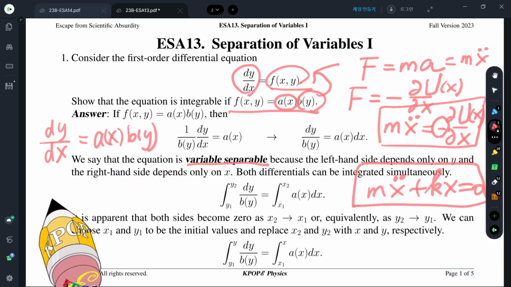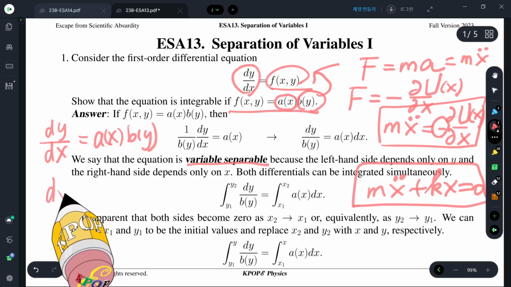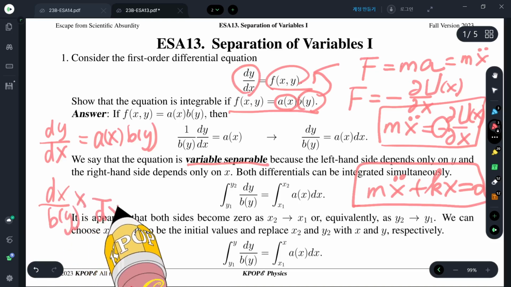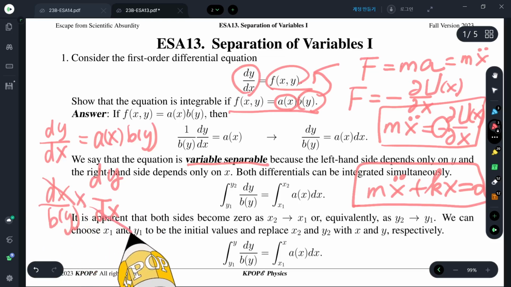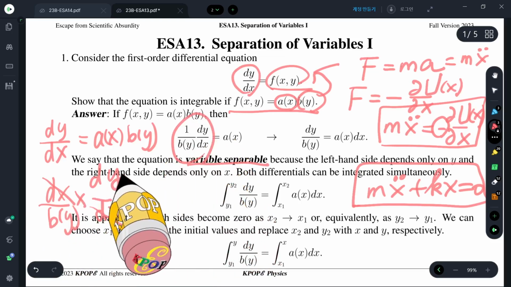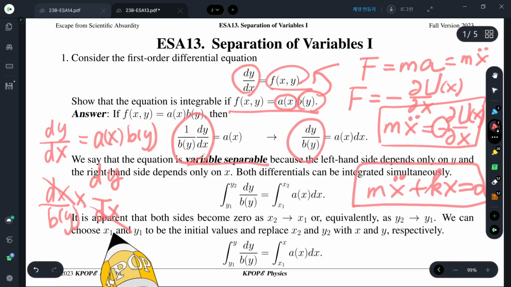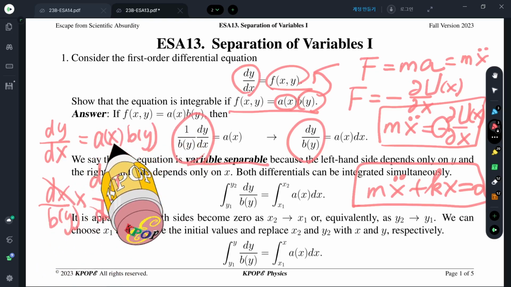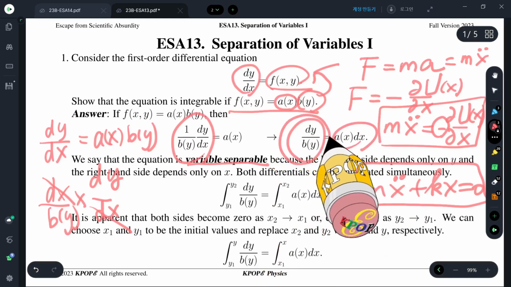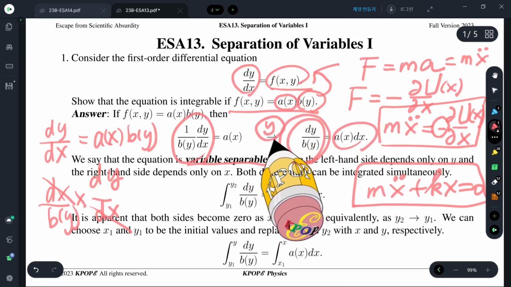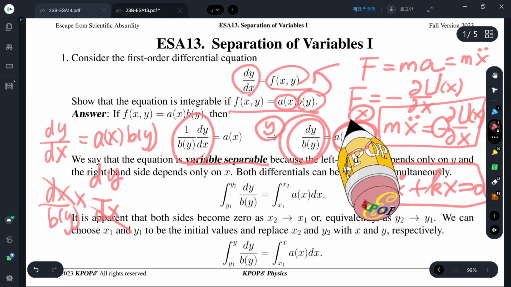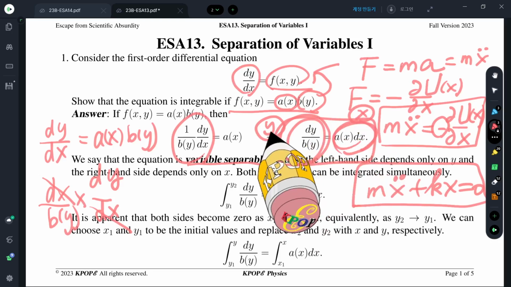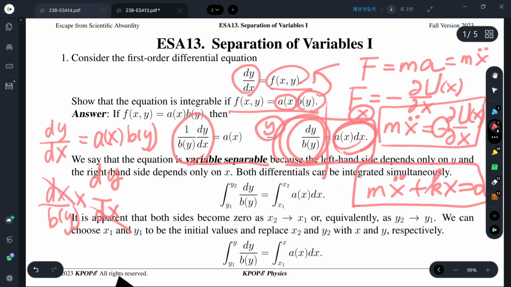We multiply dx over by to both sides. So dx cancels, we have dy over by, and on the right-hand side by cancels and ax dx survives. The left-hand side is only a function of y, and the right-hand side is only a function of x. We have separated the variables x and y.